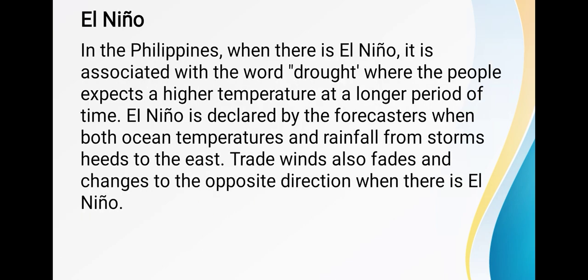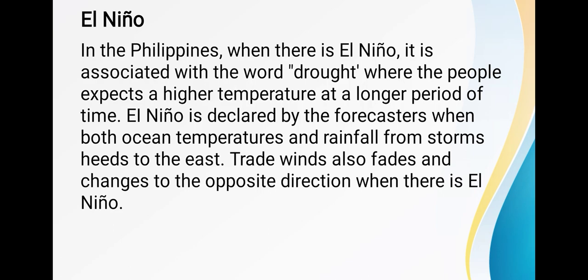Okay, what is now El Nino? In the Philippines, El Nino is associated with drought, where people expect a higher temperature over a longer period of time. El Nino is declared by forecasters when both ocean temperatures and rainfall from storms head to the east.